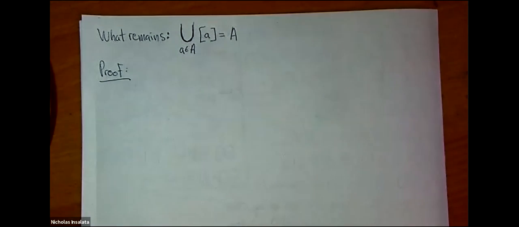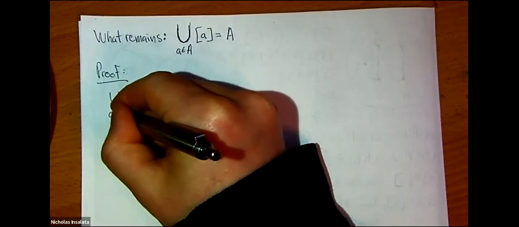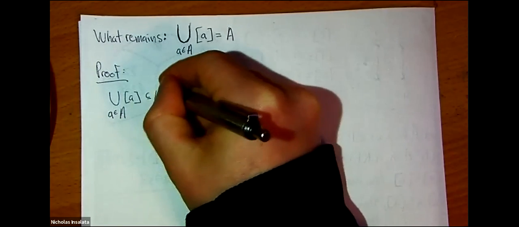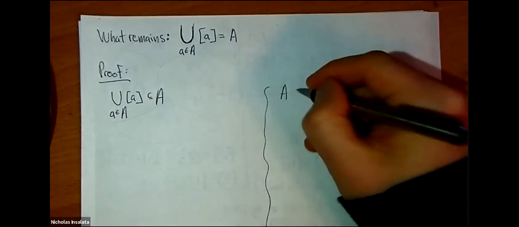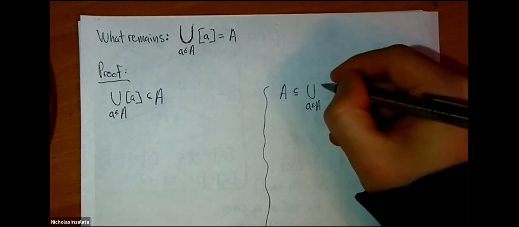Sets. And if we want to show that two sets are equal to each other, what do we got to do? Subsets both ways. Very good. Okay, so what we want to show is two parts. We want to show that the union of all the equivalence classes of the elements of A is a subset of big A. That's one side. The other side is A is contained in the union of all the equivalence classes.